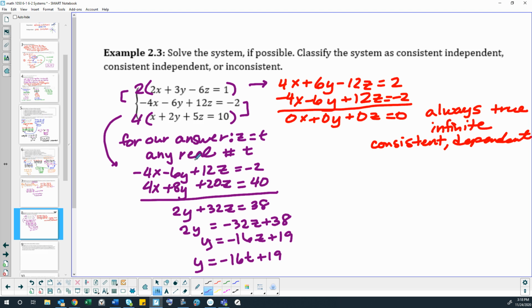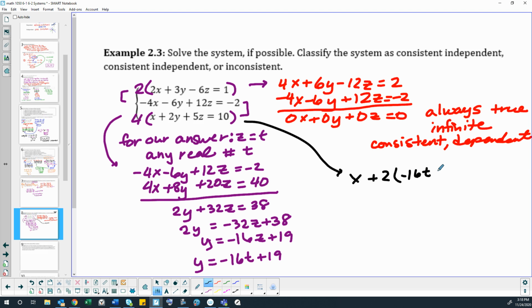Now we need to do the same thing for x, but it's a little bit easier just because we already have this one solved for y, so we can take that and plug it in somewhere else and use it to find x. So we're going to use, maybe this last equation will work well. So we have x plus 2y. I'm just going to write it out.